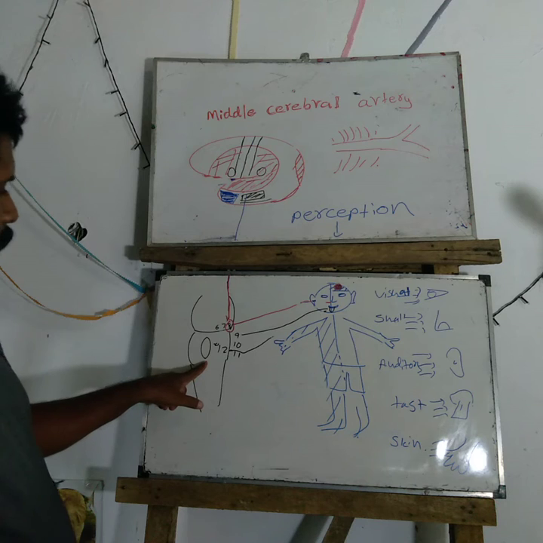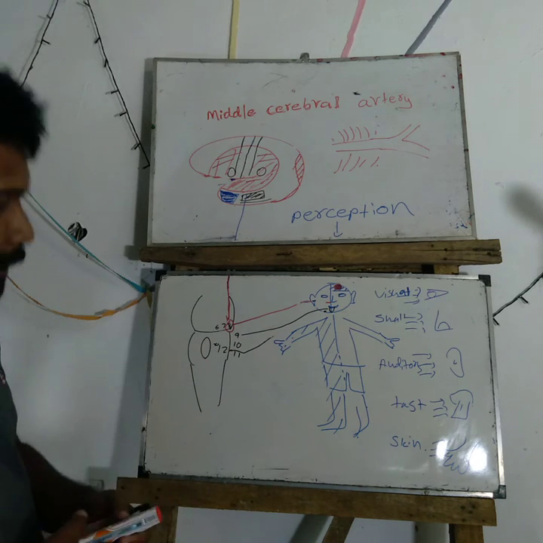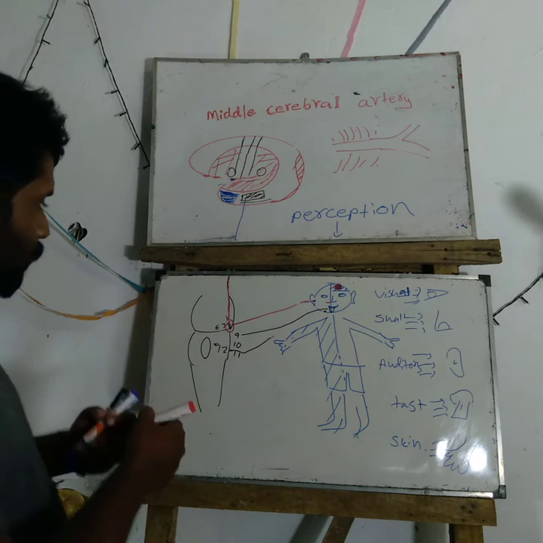This is the tractus solitarius. The tractus solitarius takes the taste and gives the taste to the brain.